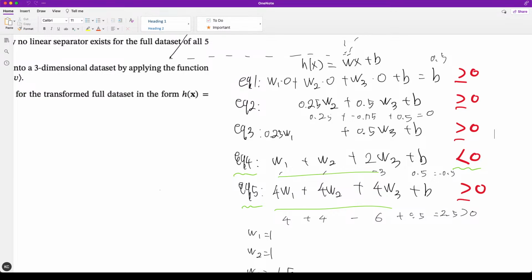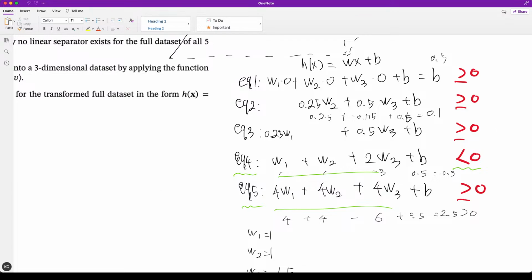But we can also increase the bias to 0.6 and it will be 0.1, and the others are still satisfied even if we increase just the bias. So equation 2 is also satisfied.